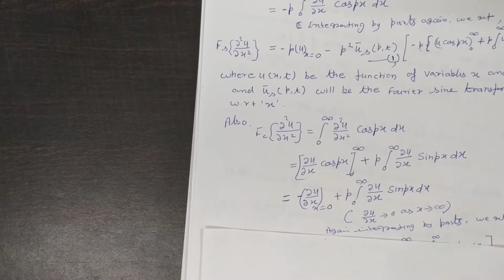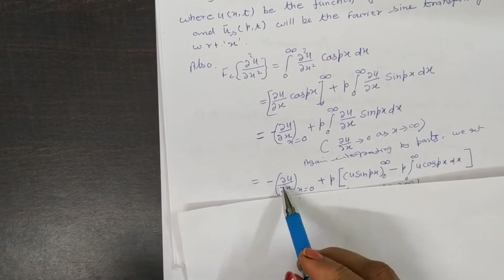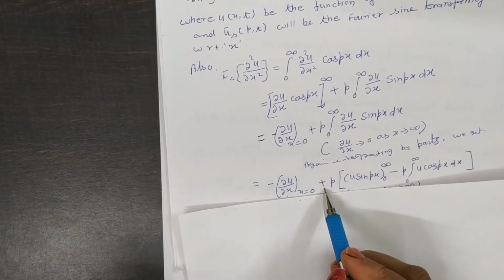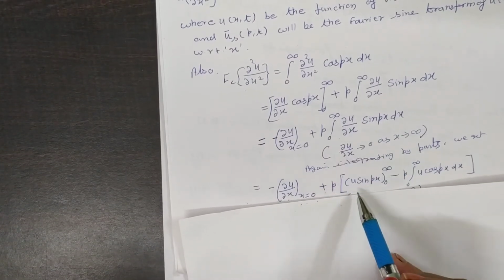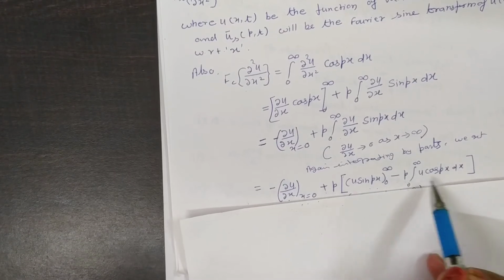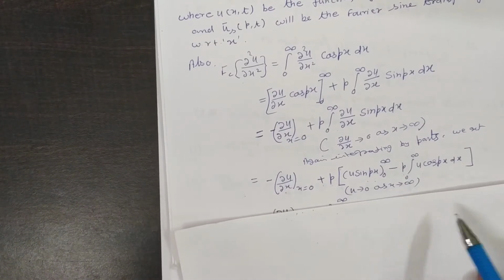Clear? Now, this is good. Minus ∂u/∂x at x equal to 0, plus p, and further integrating, this is u sin(px) from 0 to infinity minus p u cos(px) dx. Is it clear?